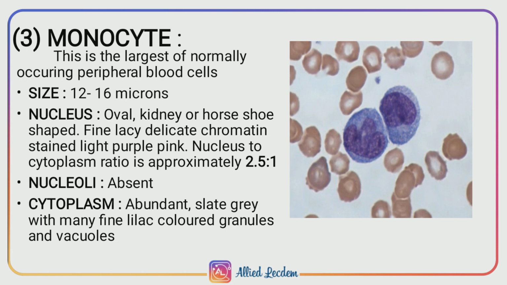Fine lacy delicate chromatin stained light purple pink, and the nucleus to cytoplasm ratio is approximately 2.5:1, and at this stage the nucleoli is completely absent and the cytoplasm is abundant, and it appears slate grey color with many fine lilac colored granules and vacuole.